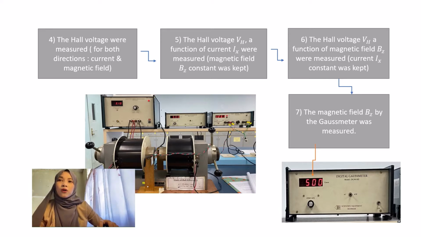For the voltage VH as a function of current IX, we keep the magnetic field BZ constant, and for the Hall voltage VH as a function of magnetic field BZ, we keep the current IX constant. Lastly, the magnetic field BZ was measured by the gauge meter.